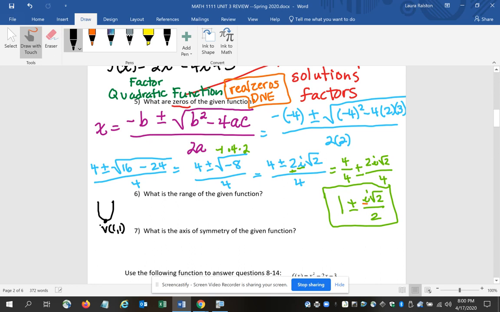So that's actually my low point. The first place I'm going to see this on the grid is when I hit a y value of positive 1. So my range runs from positive 1 through positive infinity. And again, I'll show that to you on a graph.